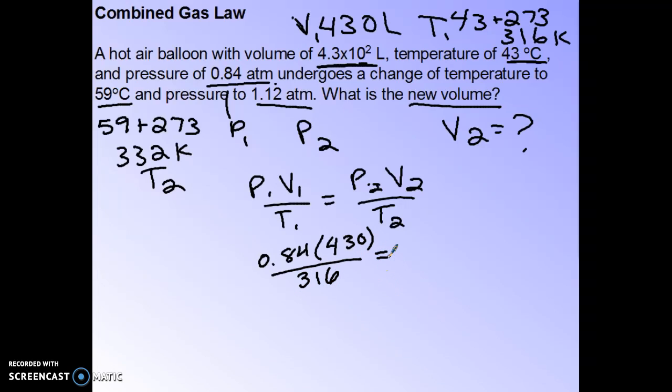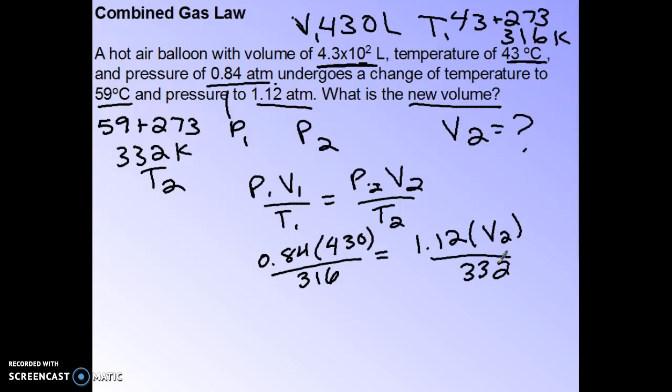All of that should be equal to our new pressure, which is 1.12, times our new volume, which we don't know, it's our unknown, over our new temperature, 332.